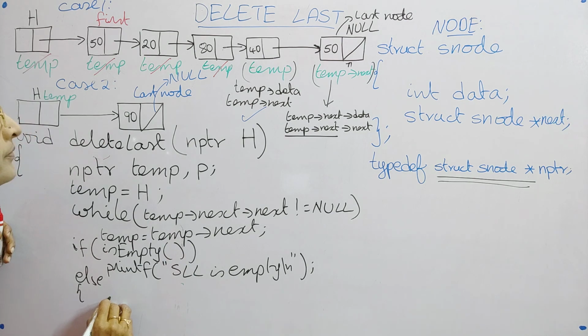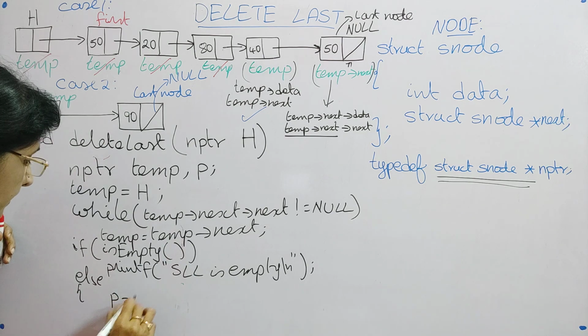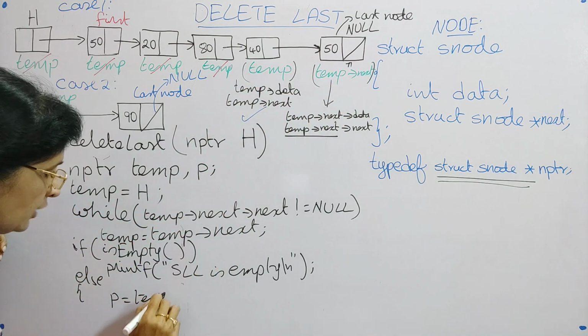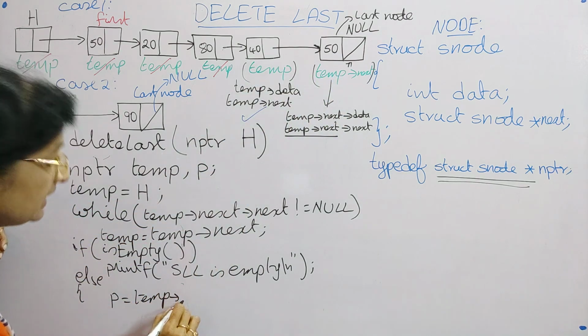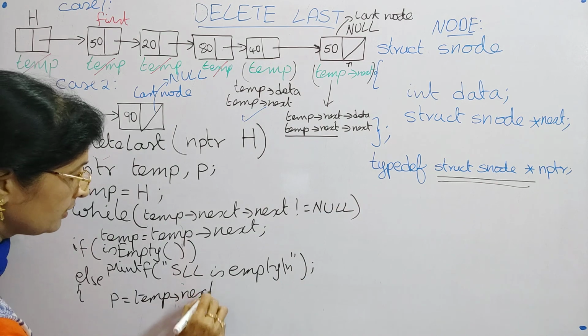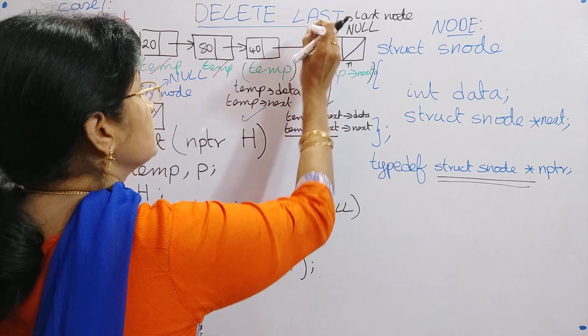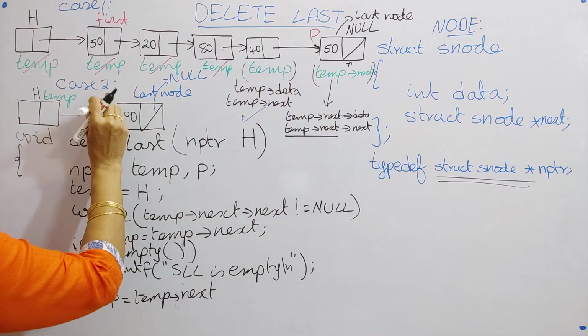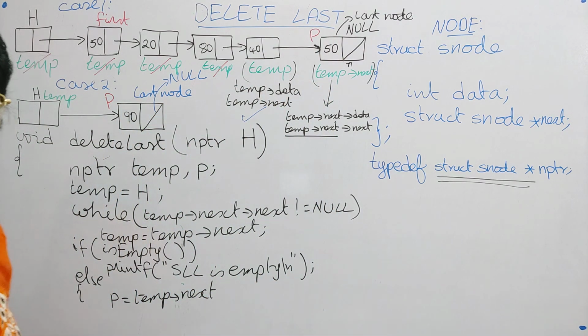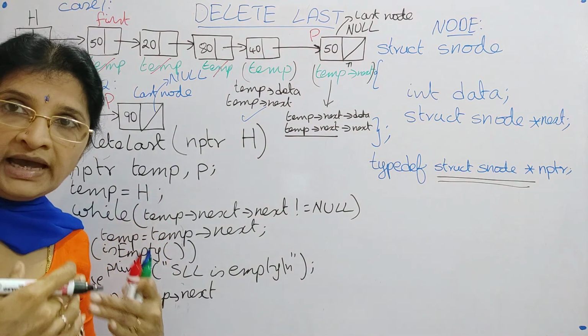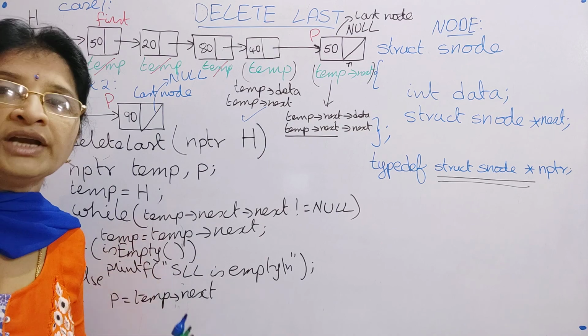I will assign p as temp next. That is the node that is to be deleted. So what is p now? P is the node that is to be deleted: this one in this case and this one here. The reason I am using this variable p is that I want to free whatever memory has been allocated to that node.